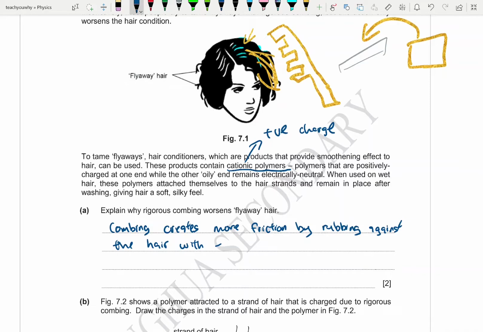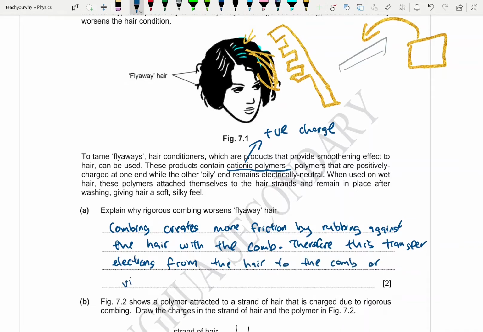Therefore, this transfers electrons from the hair to the comb, or vice versa.